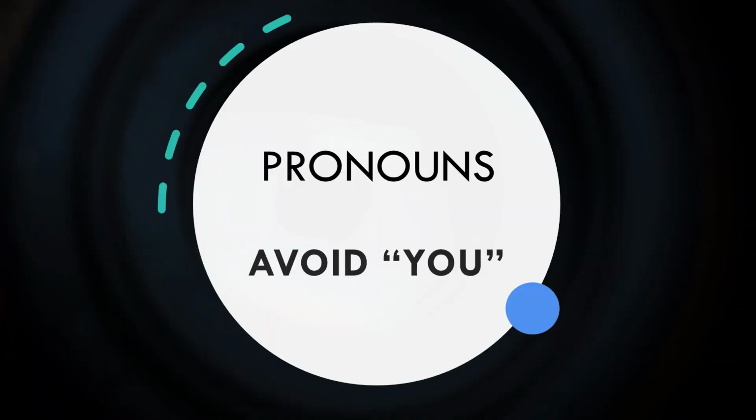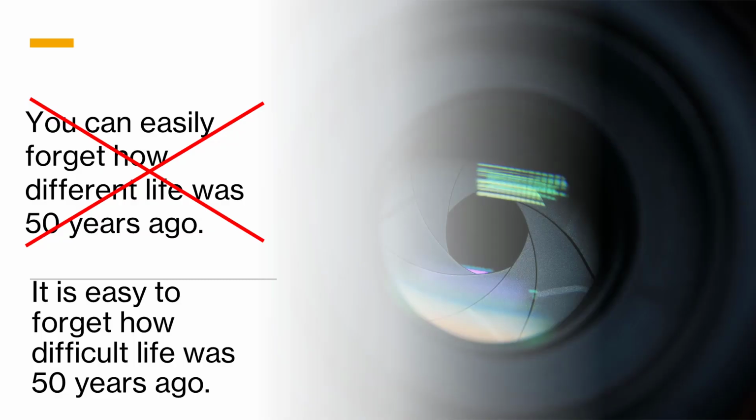Also, in addition to avoiding I, me, and myself, you should try to avoid you to refer to the reader or people in general. So if you, for example, have a sentence in a more personal text where you say, you can easily forget how different life was 50 years ago, then I tell you, don't use you. And again, students say, okay, well, how can I write it then?